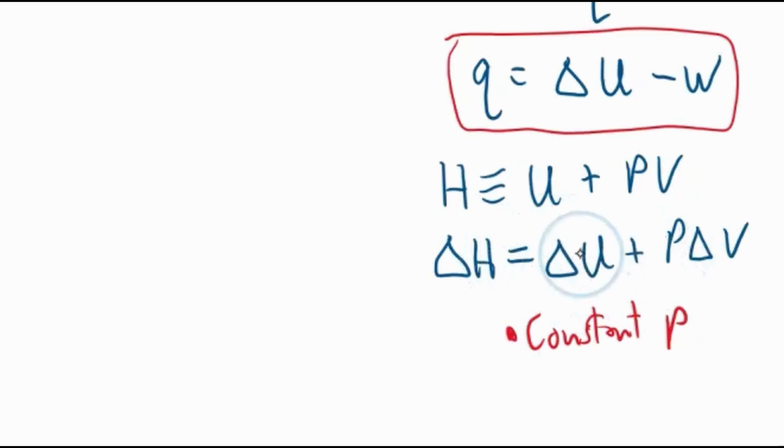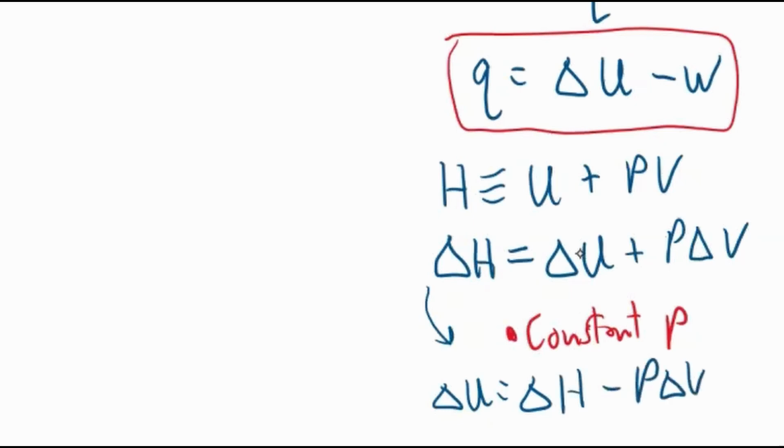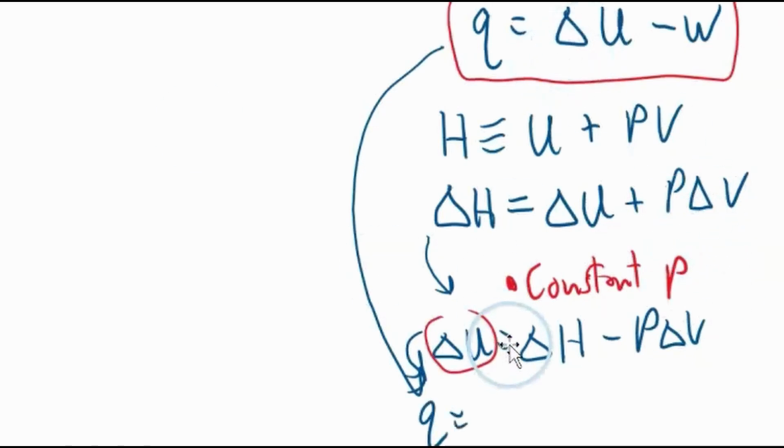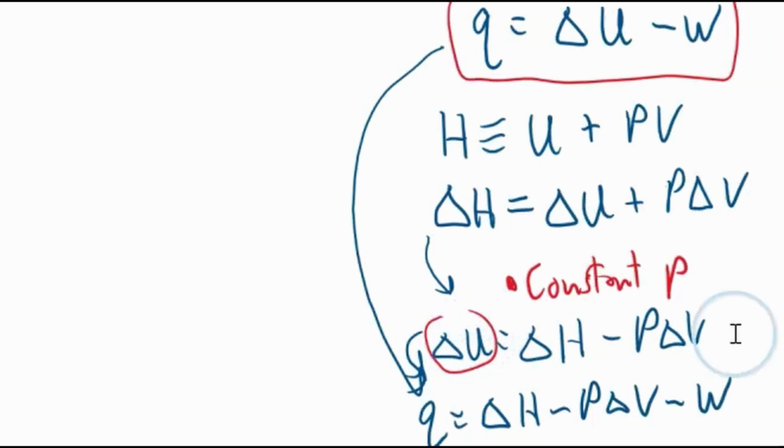If we solve for delta U, we get delta U equals the change in enthalpy minus P delta V. And now we can sub in what delta U is. So Q equals delta U, and delta U is delta H minus P delta V, and that's minus the work.